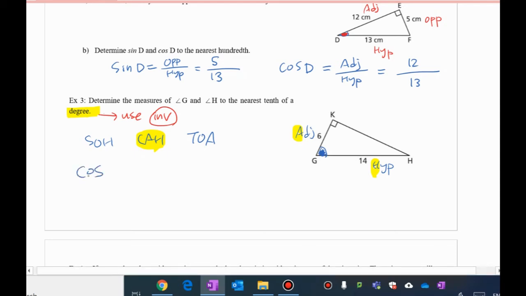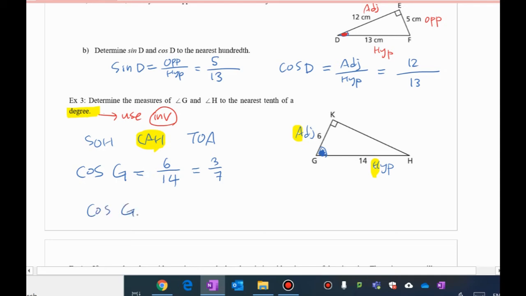So cosine G equals adjacent 6 centimeter over hypotenuse, 6 over 14. Reduce it. 6 over 14 is 3 over 7. So cosine G is 3 over 7.